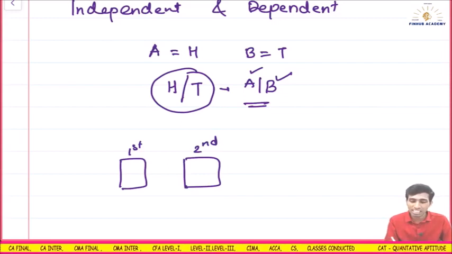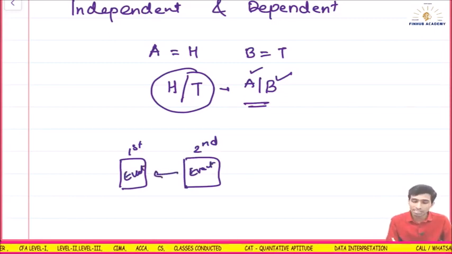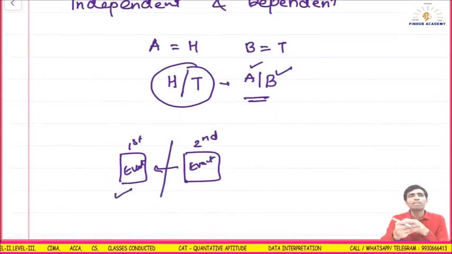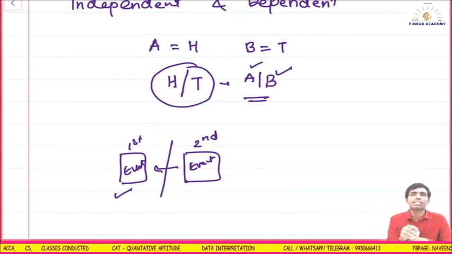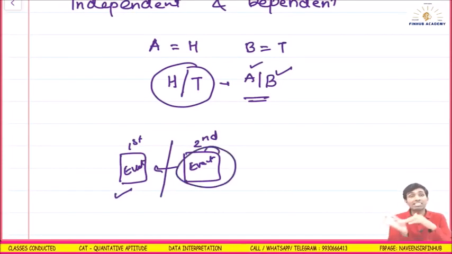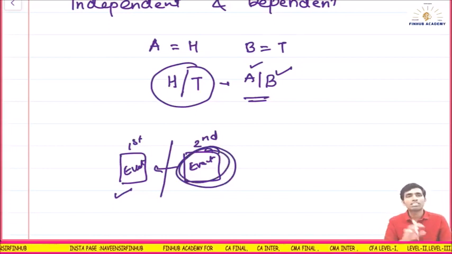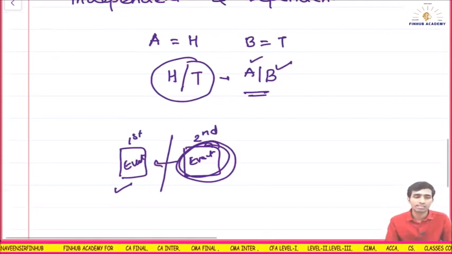This first event is independent, but this second event is dependent on the first event. If I don't replace, that becomes a dependent event, because what you have got depends on what you removed and did not replace. If you replace it, it is independent, but if you don't replace it, the second event is dependent on the first event. So the first card is not replaced, therefore the second card you get on the second draw is dependent on the first one.